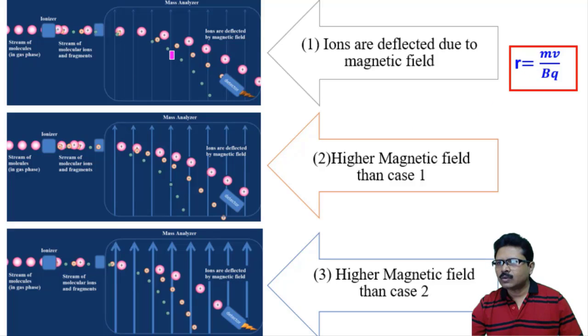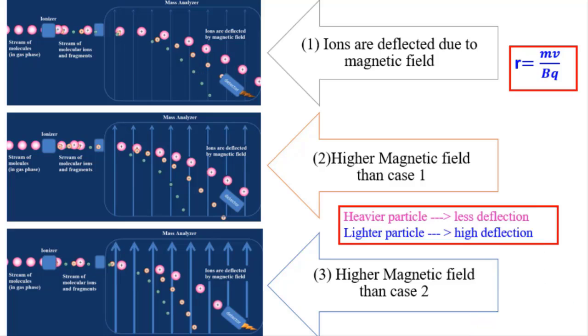So the ions which are lighter, means mass is less, those ions will have higher deflection. So ions having heavier mass are less deflected, ions having lighter mass are more deflected. So different ions with different masses will follow different trajectories.